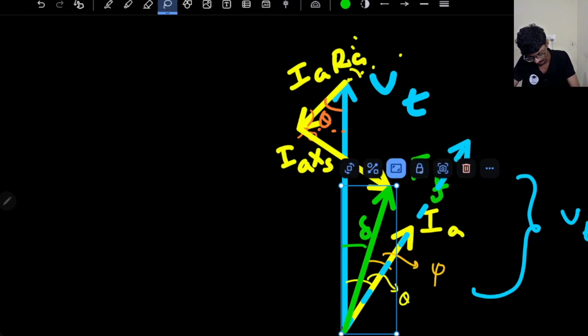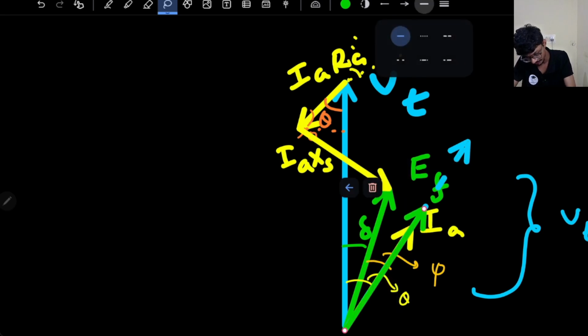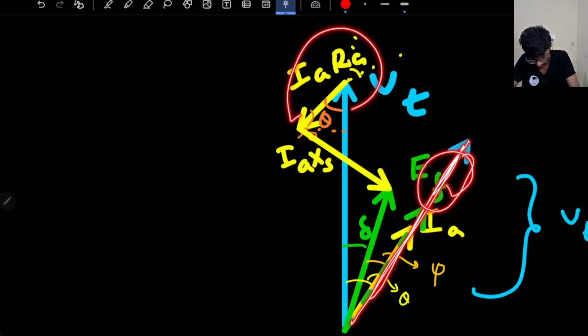So if I project EF here, this is the projection of EF along Ia, and this projection, Vt cos theta, is this much. What is this much? It is just parallel, right?